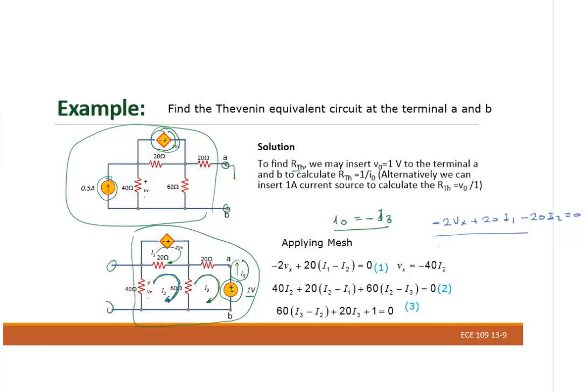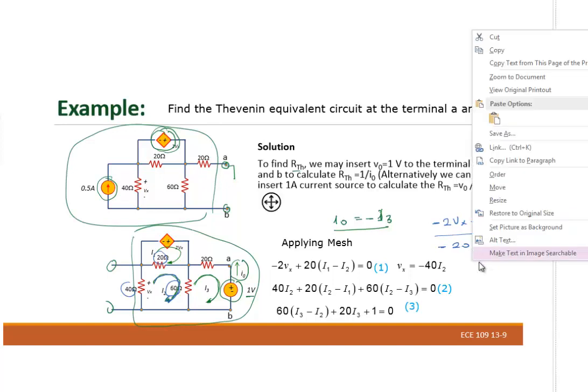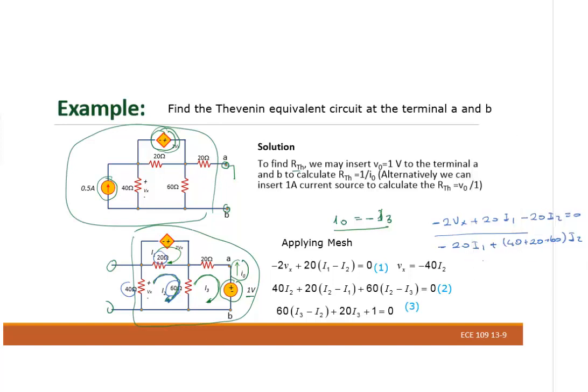If I want to write this one here, the first one is my I1: I1 is negative 20. Then I2 will be equal to 40 plus 20 plus 60, so (40 plus 20 plus 60) I2, then minus 60 I3 equals 0. That's the second equation.